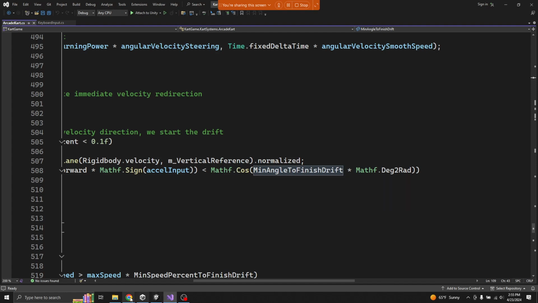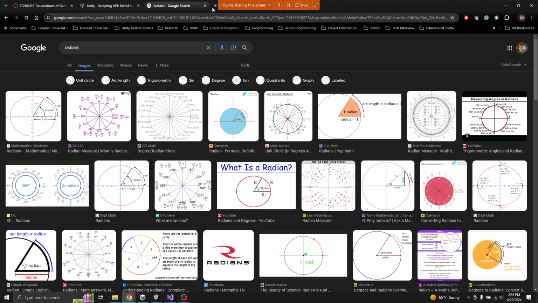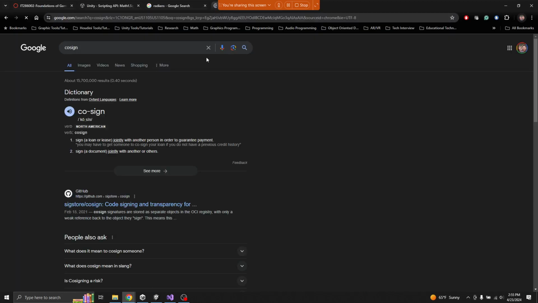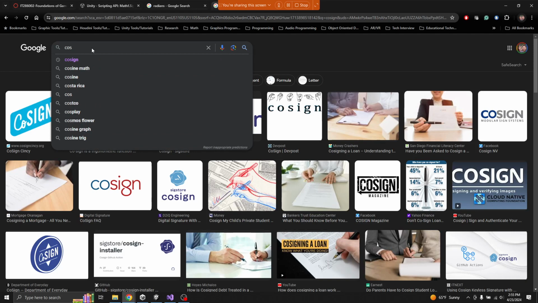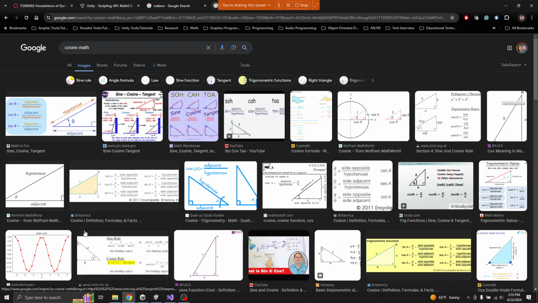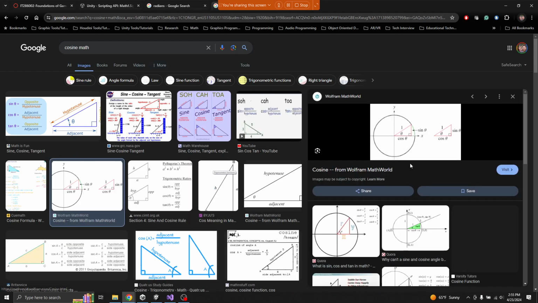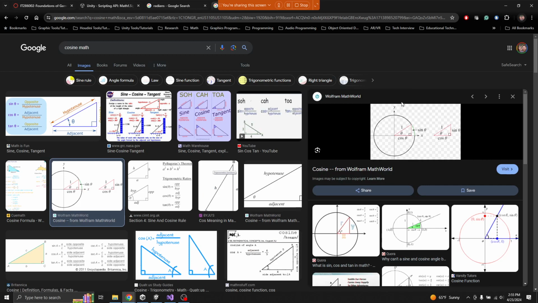So what's happening with cosine and sine? Just for where we're currently at with this, one thing to note is that when we talk about cosine and sine, what we're really trying to figure out is, as we move about a circle, we start at 0 or 360 here, and then we move around 90, 180, and 270.